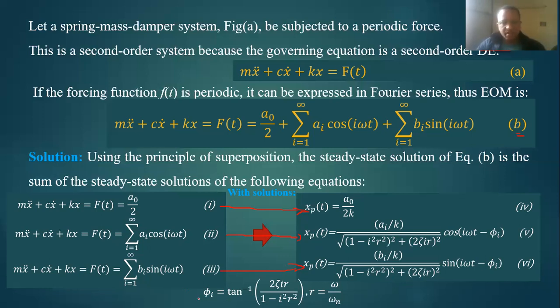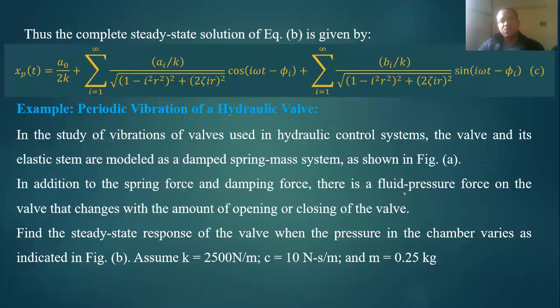And phi i equals tan inverse of 2 zeta i r over 1 minus i square r square. So this is how we can find the solution. Therefore, the complete steady state solution for this case is x particular of t equals a naught over 2k plus the summation of the cosine solution and the sine term solution.